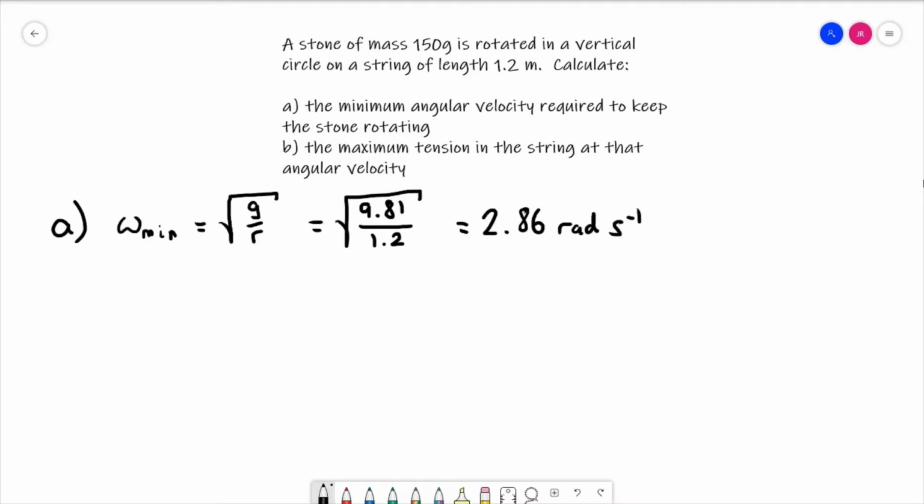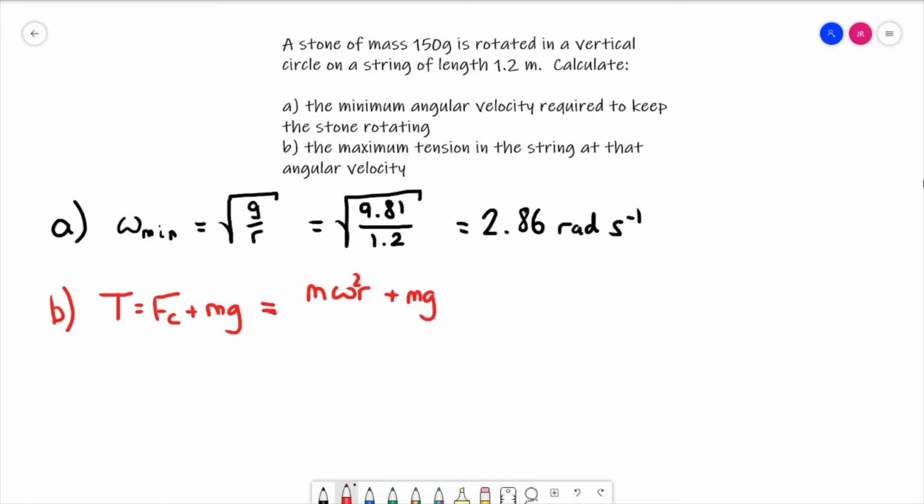For part B then, the maximum tension in the string acts at the bottom of the circle. So from a couple of slides ago, we have the equation T is equal to the centripetal force plus the weight. Now, because we've already calculated omega, it makes sense to take m omega squared r and add the weight into that.